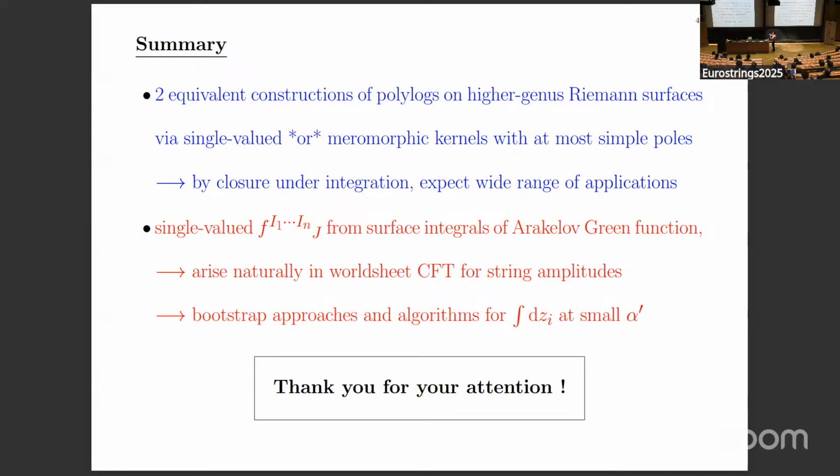We can, in many cases, use the definition of polylogs or use integration algorithms based on Fay identities. And for closed string alpha prime expansions, we will also need to look at single-valued versions of these higher genus polylogarithms. Yeah, so there's a lot to do. I hope I gave you a glimpse of what has been done and what will keep us up at night for the next years. Thanks a lot.